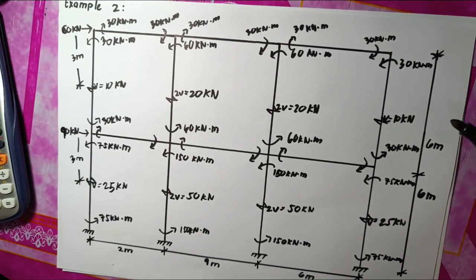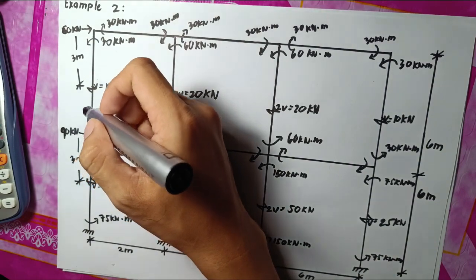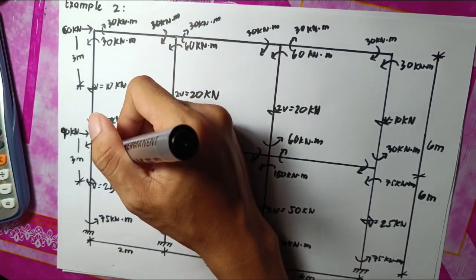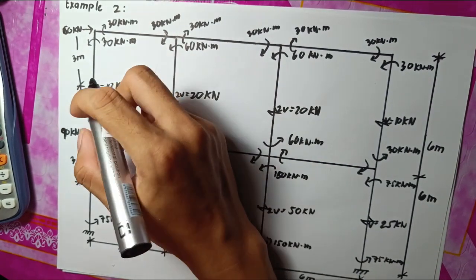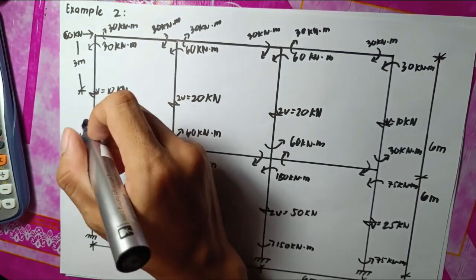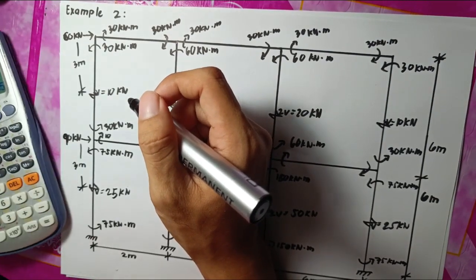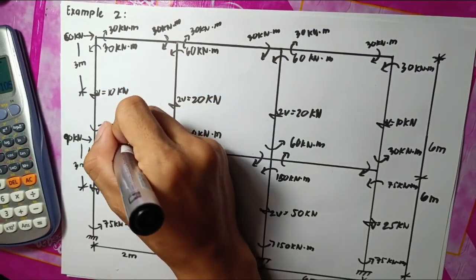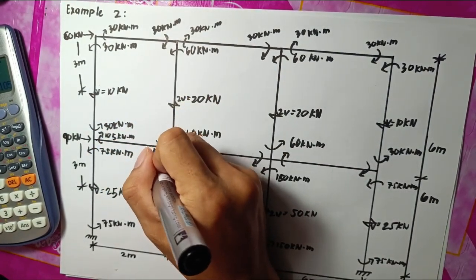And after we're done getting the column moment, we must get the girder moment. So we have one vertical. We must add the 30 and the 75. 105 kN meter.